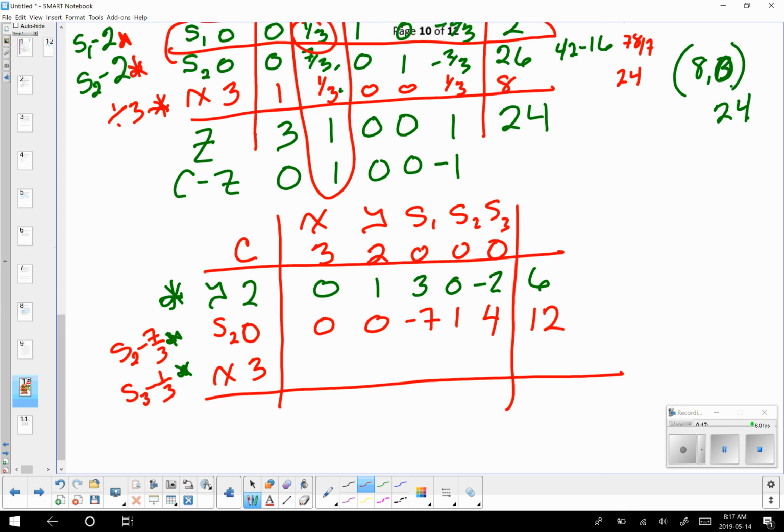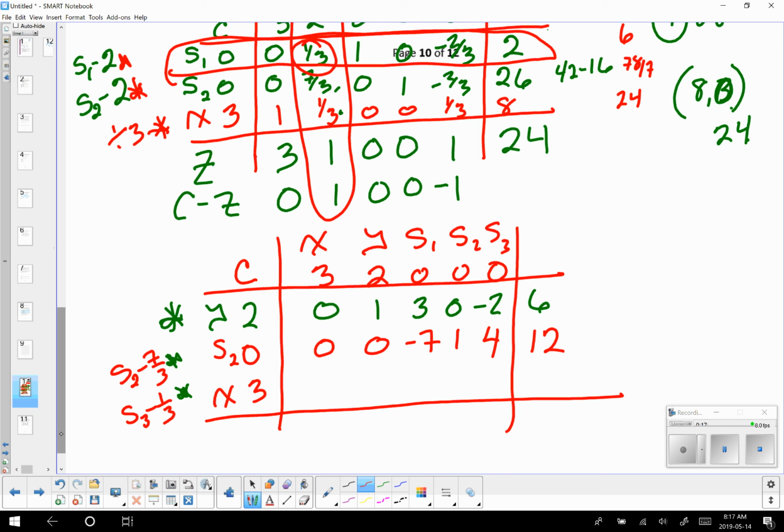So it's 1/3. So I'm starting with X minus my green 0 here. So it's 1 minus 0 is 1. And then 1/3 minus 1/3 is 0. 0 minus the third of 3 is minus 1. 0 minus 0 is 0.